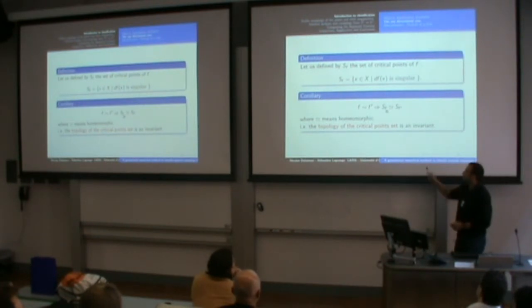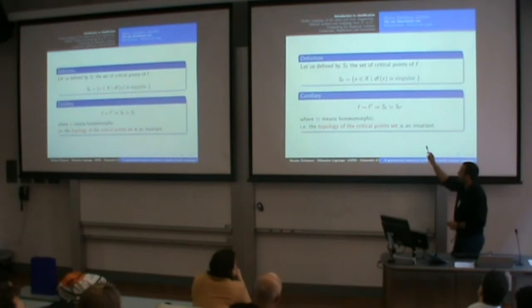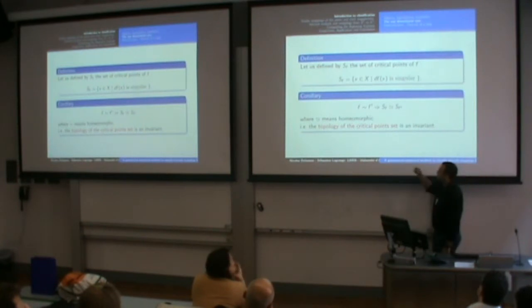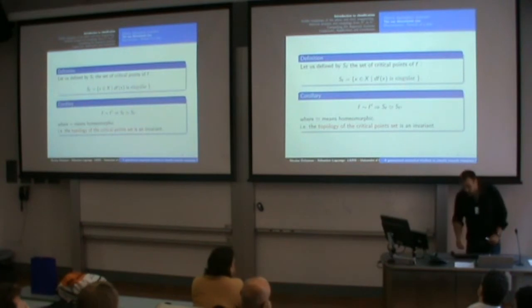That is to say that those two sets, SF and SF prime, are homeomorphic. So you can say it this way: the topology of the critical point sets is an invariant.